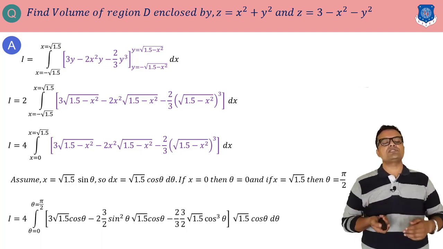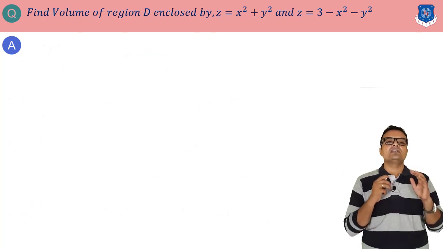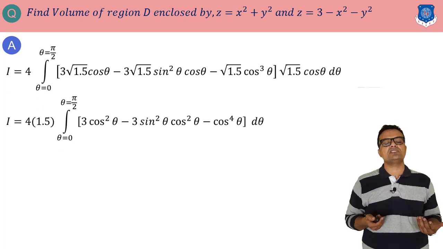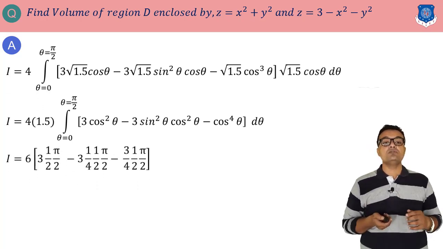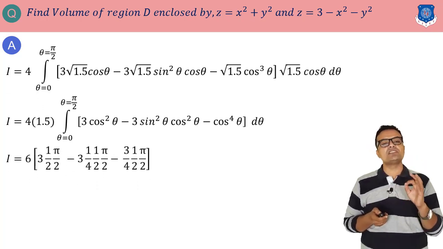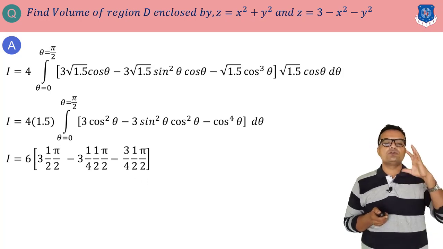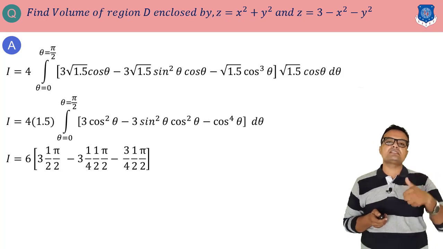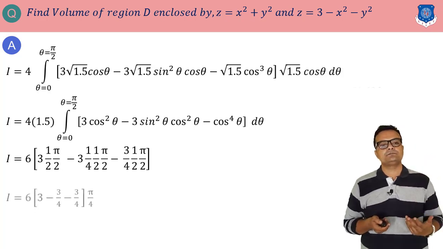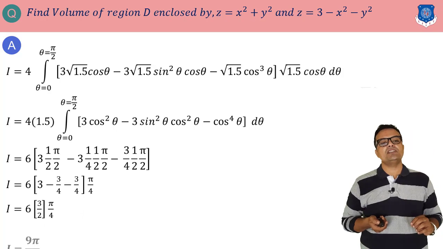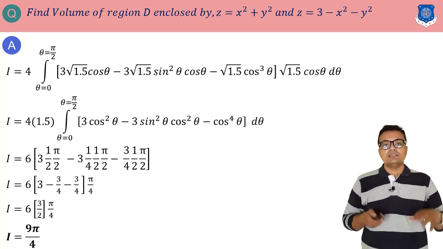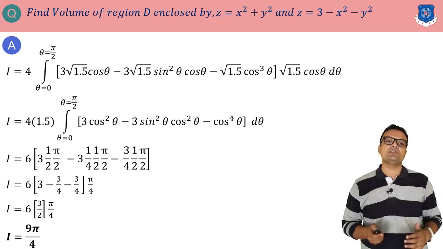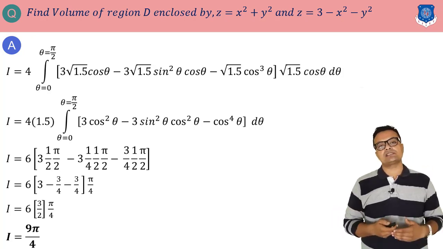Considering all these inputs into my integration and then expanding this bracket, multiplying it by root 1.5 cos theta, ultimately by using the Wallis formula, which is also discussed in our previous talk, to solve this integration, it will finally result in 9 pi by 4. This is nothing but the volume of that egg-shaped structure which was obtained by the intersection of two parabolas.